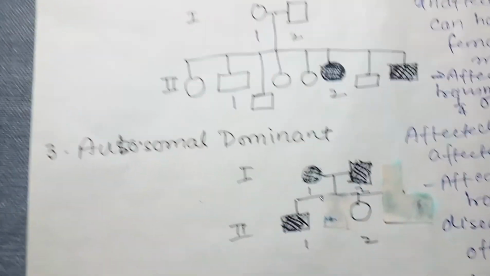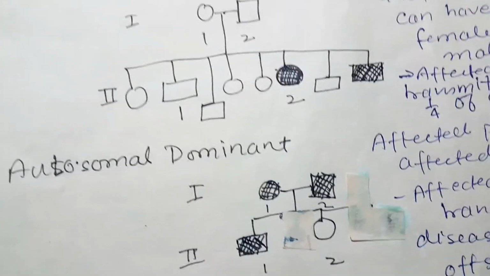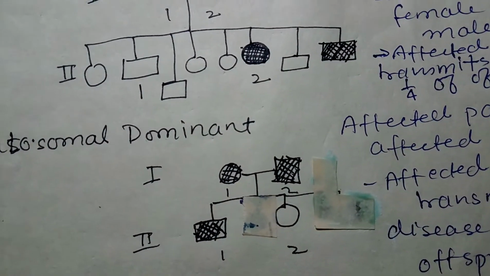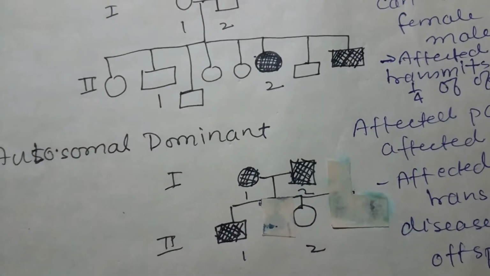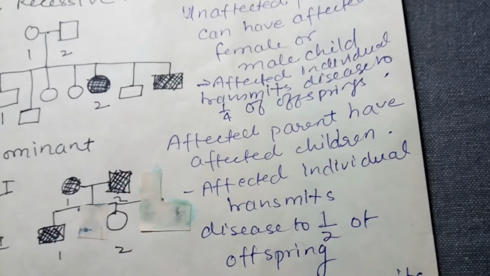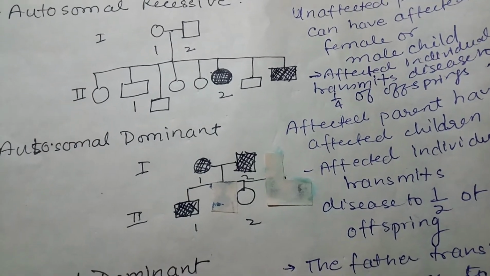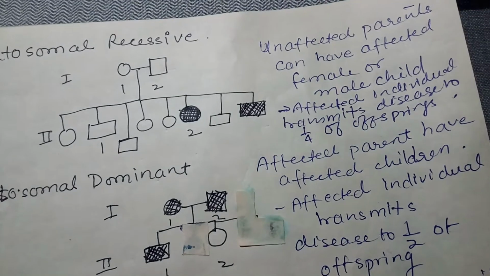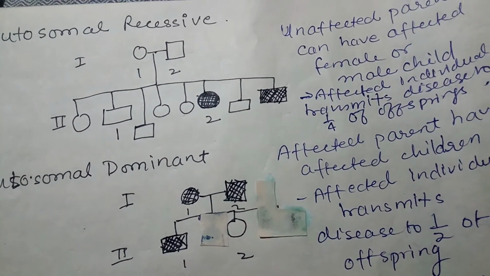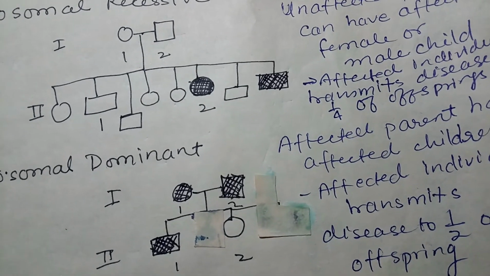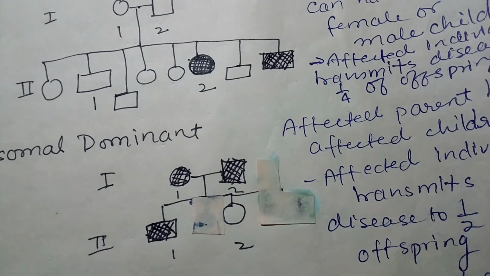Autosomal dominant: if you look at autosomal dominant, affected parents have affected children. So you can say both the parents are affected, and they have affected children. There could be a possibility that a female is normal, because in this case, since it is on the autosome and not on the sex chromosome, there is an equal possibility of male and female being affected.